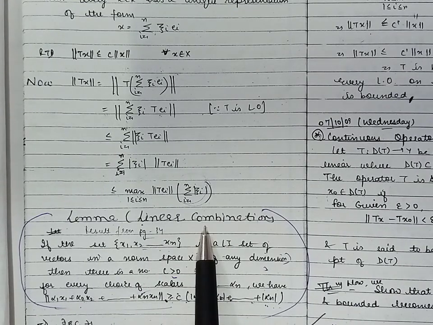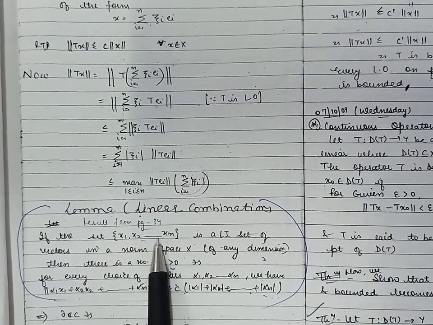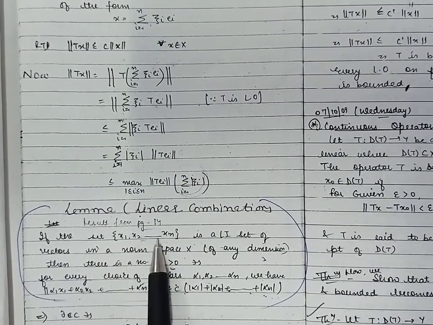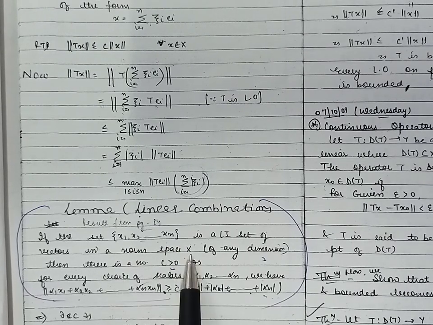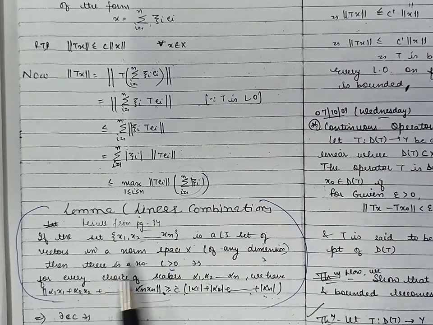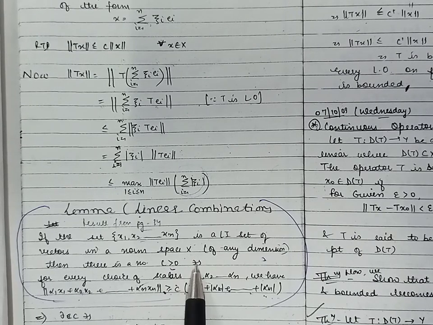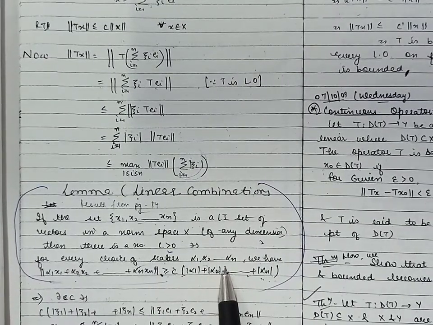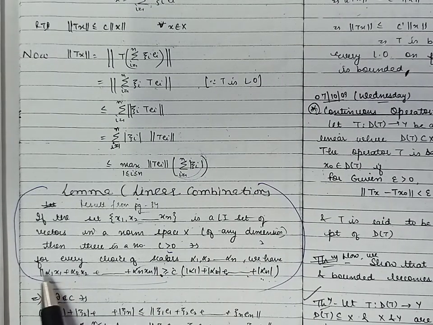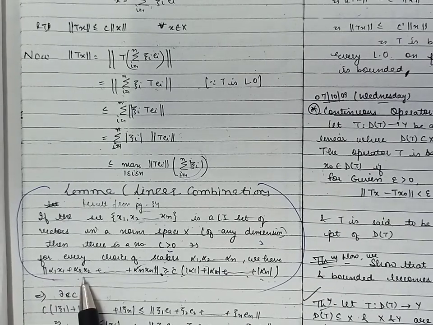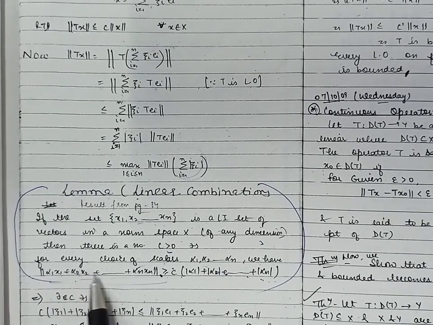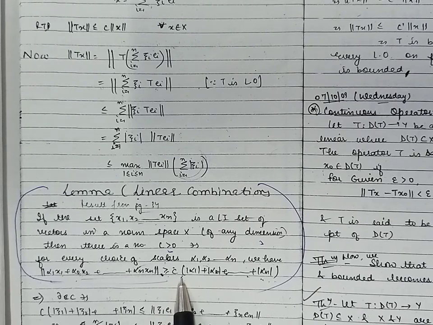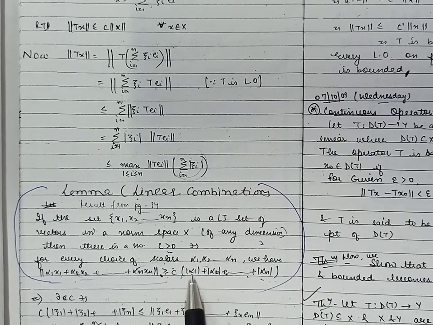According to that lemma, if we have a linearly independent set of vectors x1, x2, x3 up to xn in a normed space X, then there exists a positive number C such that for every choice of scalars alpha 1, alpha 2, alpha 3 up to alpha n, the norm of the linear combination alpha 1 x1 plus alpha 2 x2 and so on up to alpha n xn is greater than or equal to C times the sum of the absolute values of the scalars alpha i.